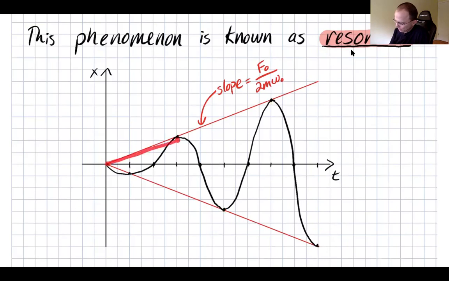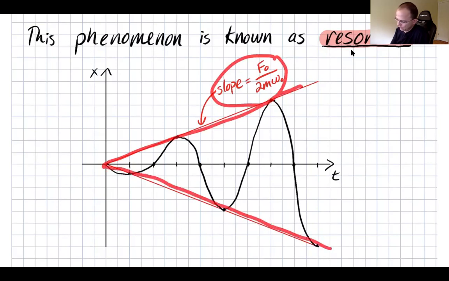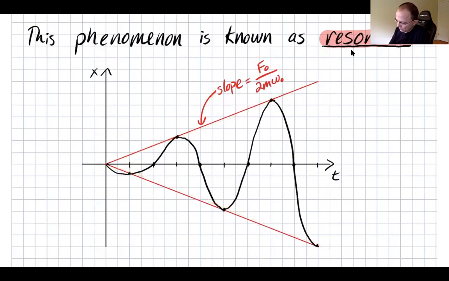So here I've plotted the slope, or this line, which represents the magnitude of the amplitude of the oscillations. Right here, and it can be plus or minus, so I put it there. And then we have our oscillations, which are going to match this slope at a certain time, whenever this is.